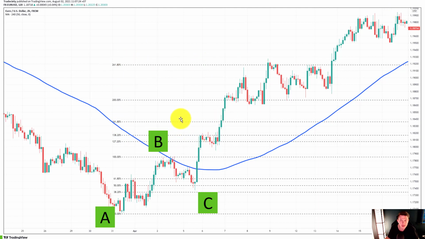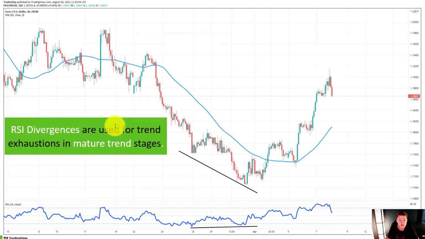However, this is not very likely, and it does take a long and a strong trend to really get to those bonus Fibonacci rounds. So usually you are much safer off choosing one of the closer Fibonacci levels. We can also consult an RSI divergence because they are perfect for identifying mature trends.